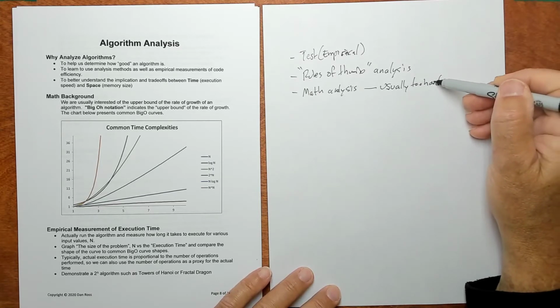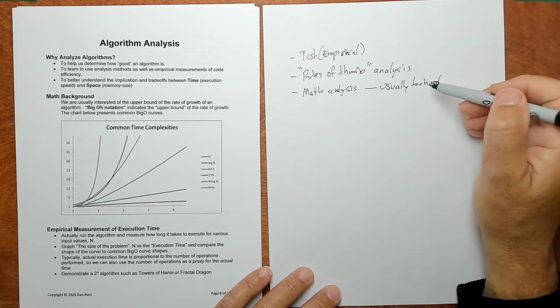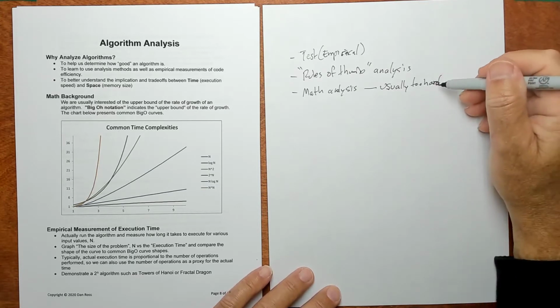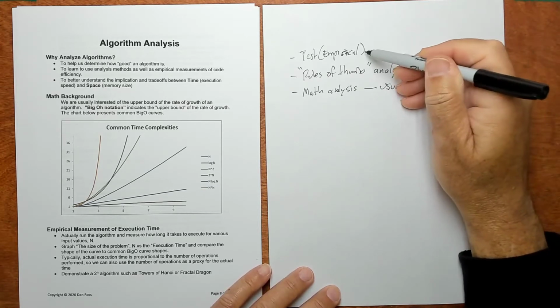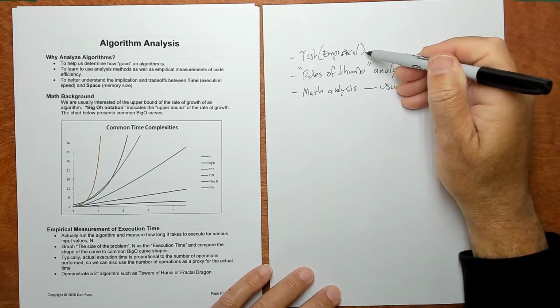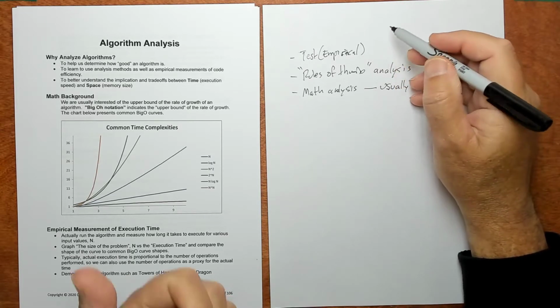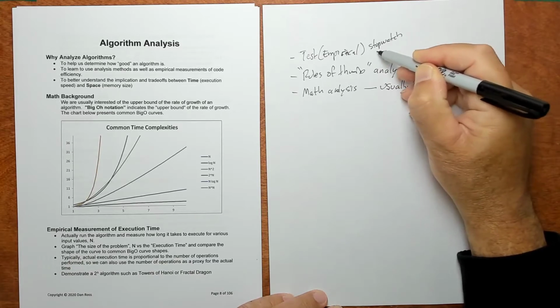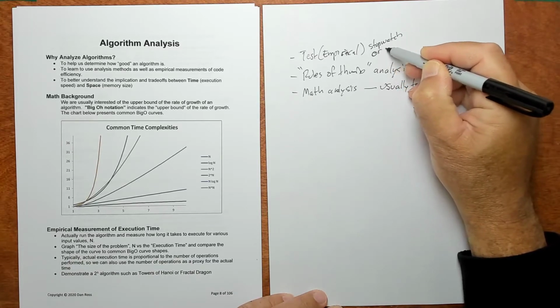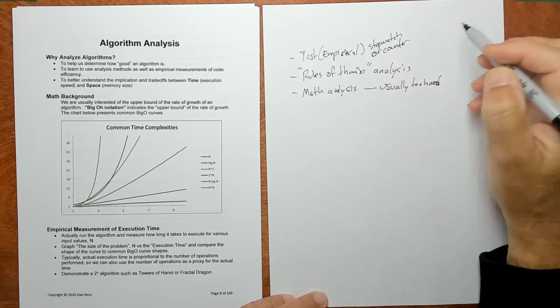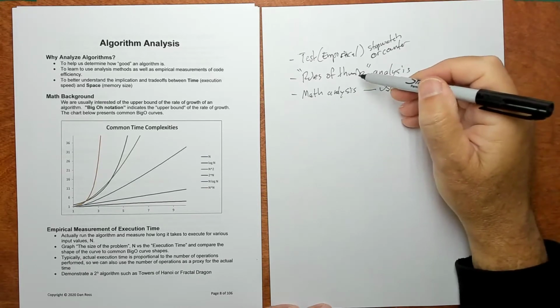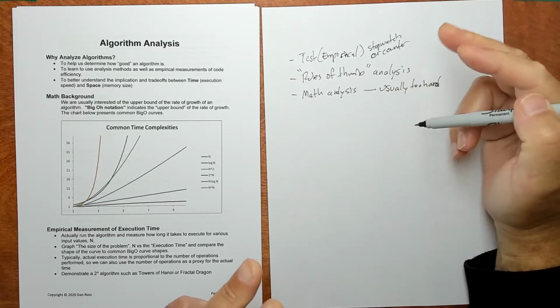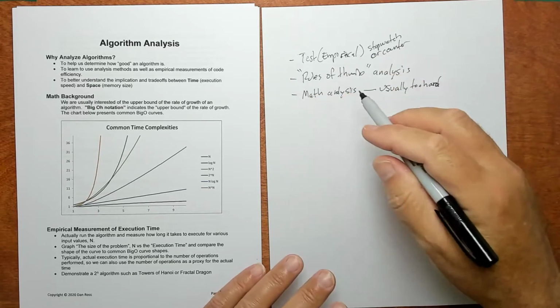Usually for real life algorithms that you're going to write, the math is just too difficult. We can also do an empirical test. We can just use a stopwatch or a counter, and that works. Or we could do these rules of thumb analysis, which we're going to go through.